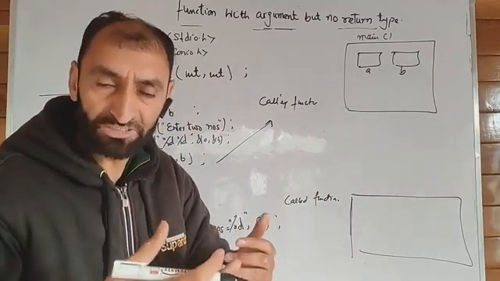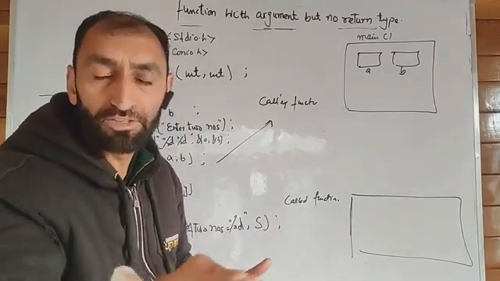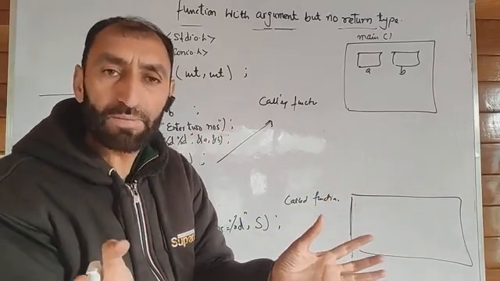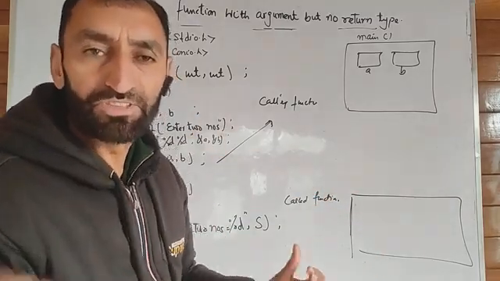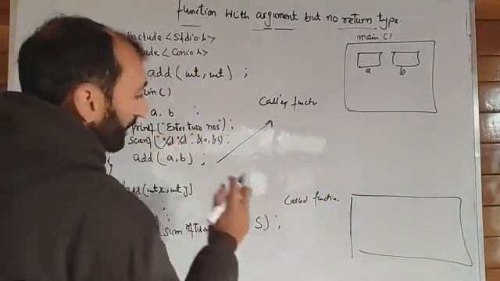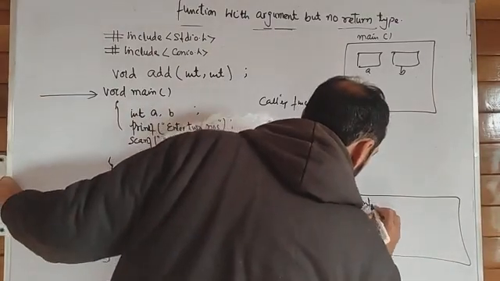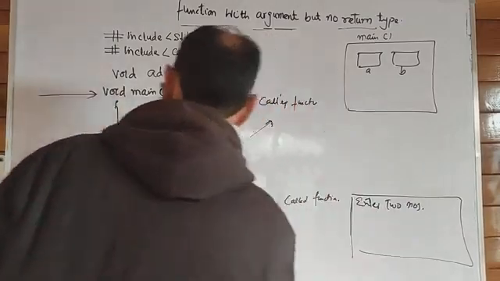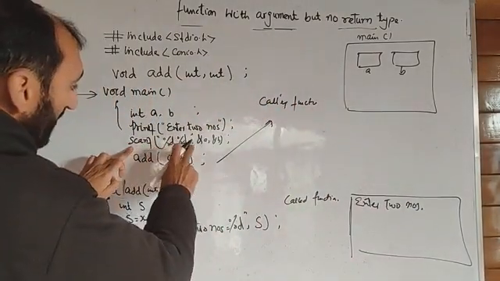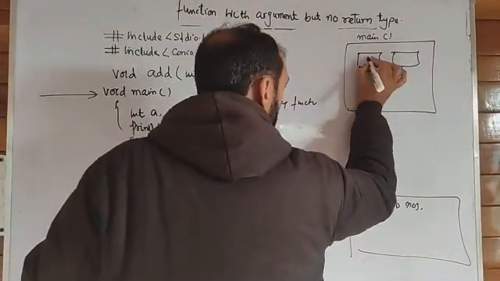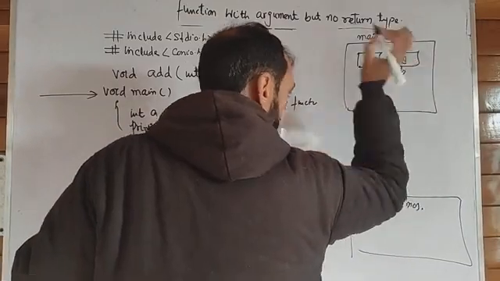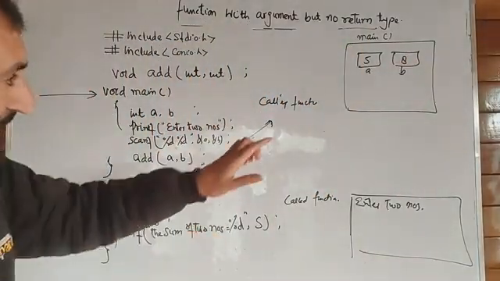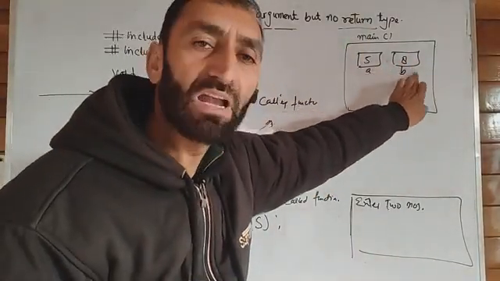Whenever the program gets executed, it will ask the user to enter two numbers. So the message "Enter two numbers" will get printed on the output screen. Then %d %d, a and b. For example, the user has entered 5 and 8, as the user wants to add two numbers 5 and 8.